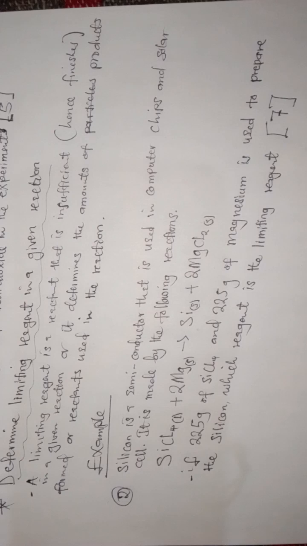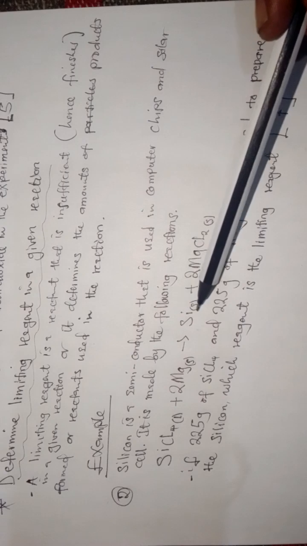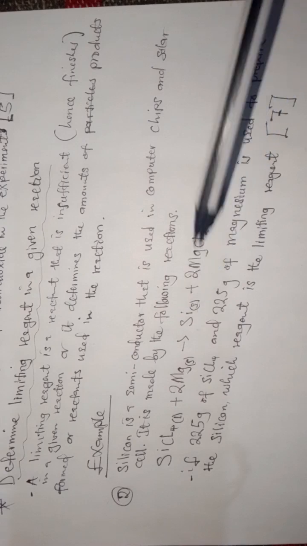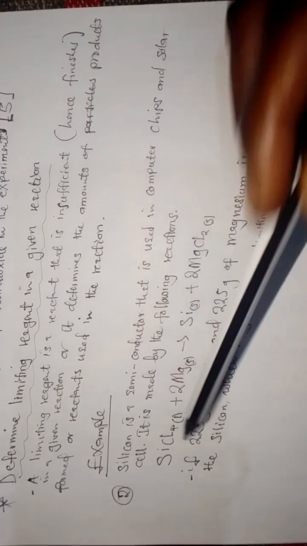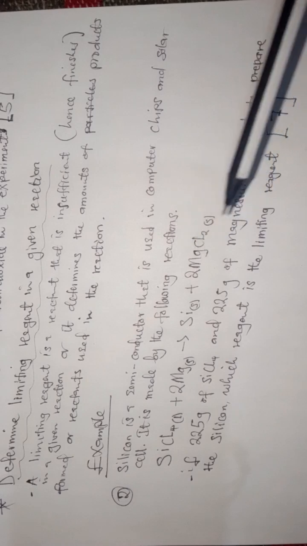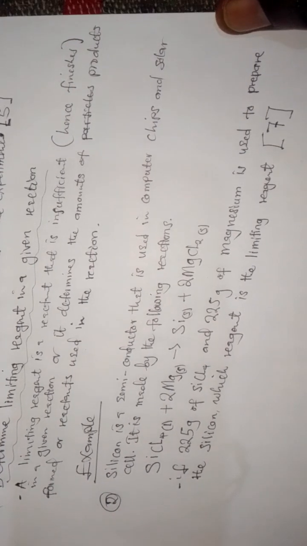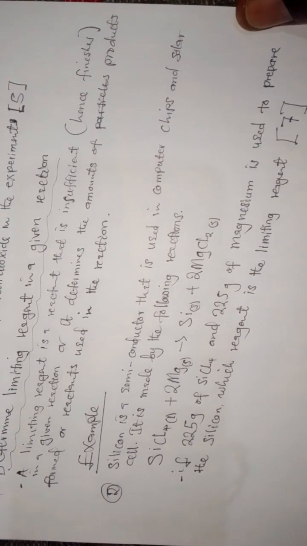Silicon is formed when silicon chlorate and magnesium react, plus magnesium chloride. The chlorine is replaced by magnesium. And make sure you balance your equation.